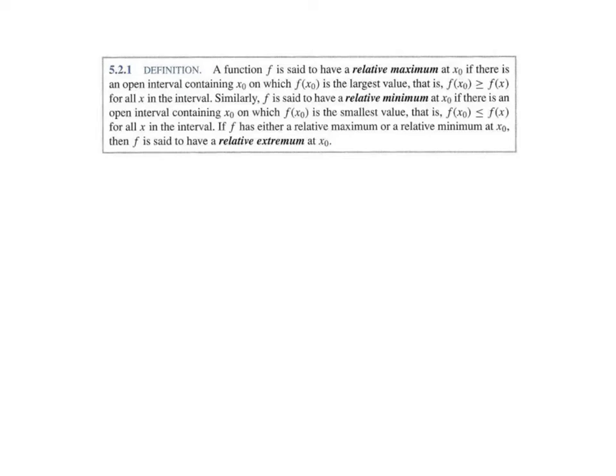The question that always comes up with this definition is, what about a constant function? Do you have relative minimums or relative maximums, and don't you have a whole bunch of them, et cetera, questions like that. So if we consider f of x equals k, I want to draw your attention to this phrase, at x sub 0.